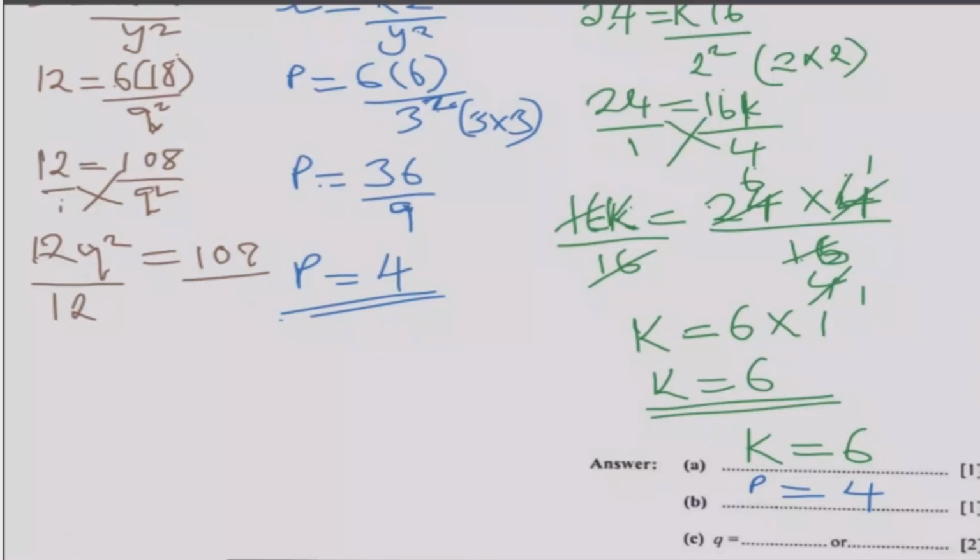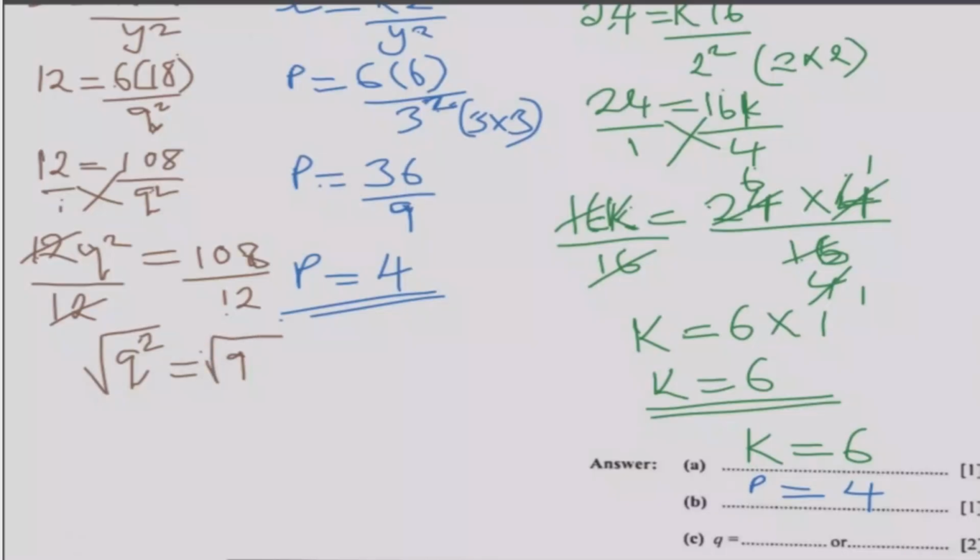The 12s here will cancel each other, leaving us with q squared, which is equal to 12 into 108, it will go 9 times. Now at this stage, we are going to square root both sides so that we can find the value of q.